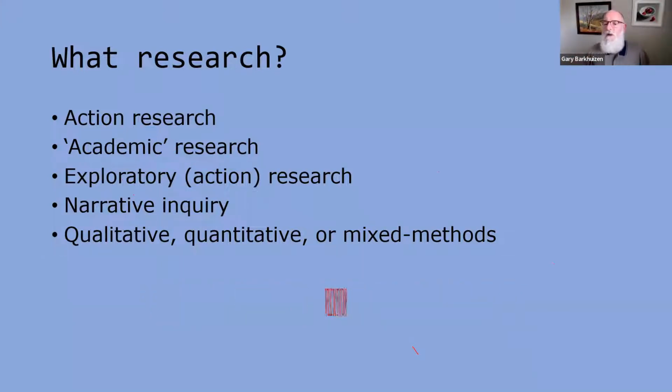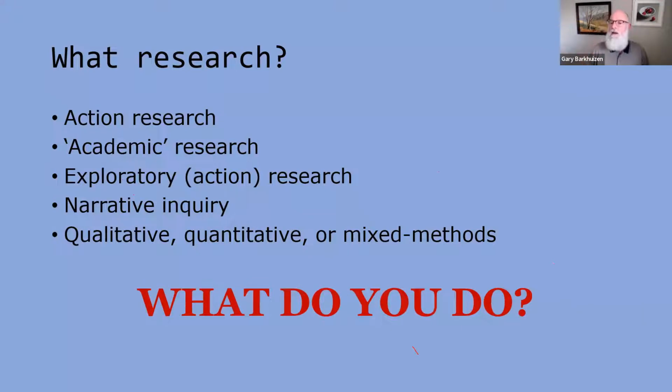What do you do when you do research, or what would you like to do when you do research? So again, as teacher researchers, the types of research we'd like to do relate to our identities. I see myself very much as a qualitative narrative inquirer, and that's part of my identity as a teacher researcher, right?